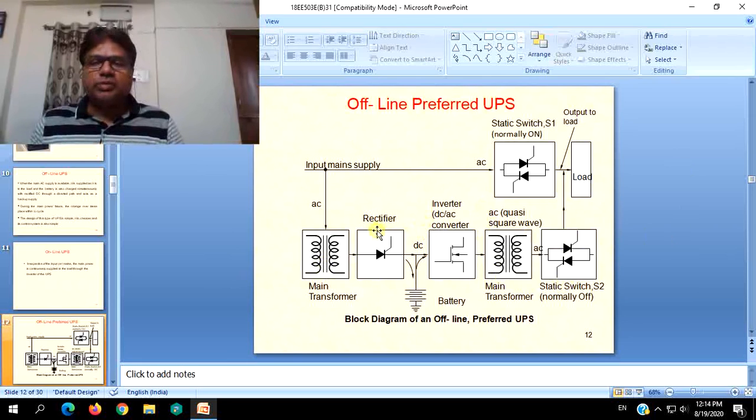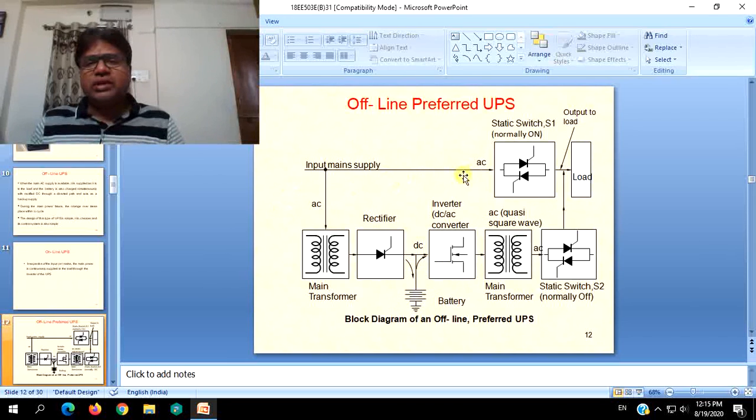So in this branch, what happens is this transformer steps down the voltage and AC is rectified to DC in this rectifier, which is used to charge the battery, and it stores the energy.